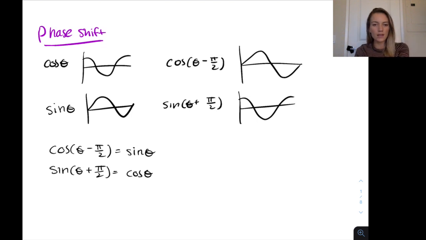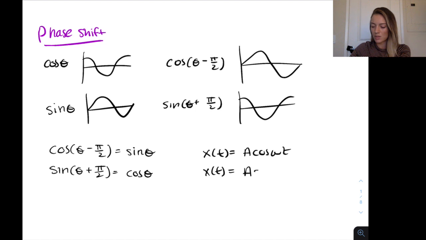So that's why in some books or some resources you might see, while we had our simple harmonic motion looked like this, right? Cosine omega t. Some places might have their simple harmonic motion as sine omega t, and that's just because sine and cosine are kind of the same thing.